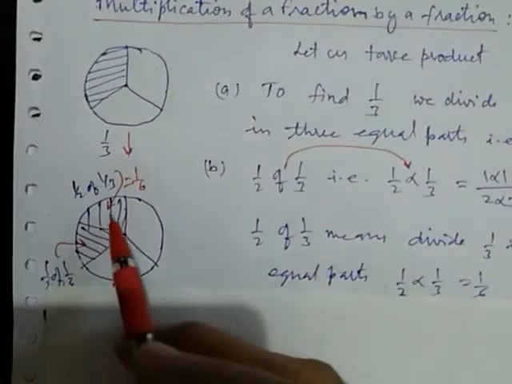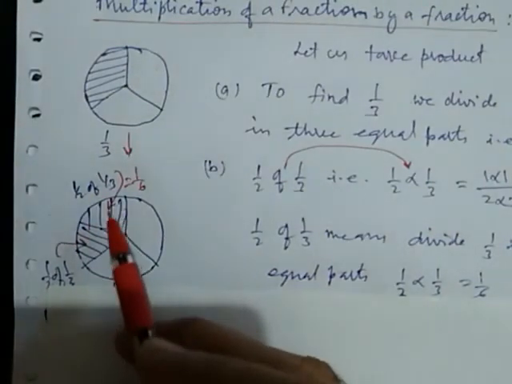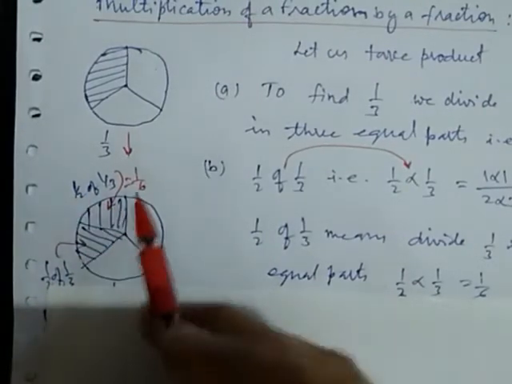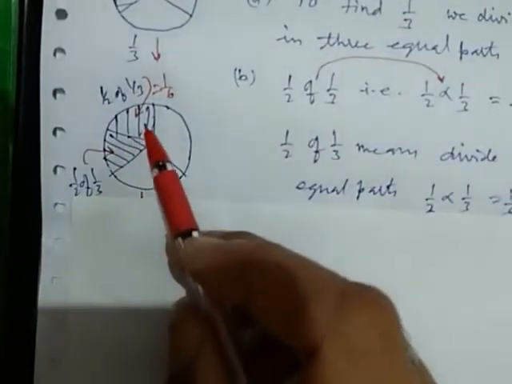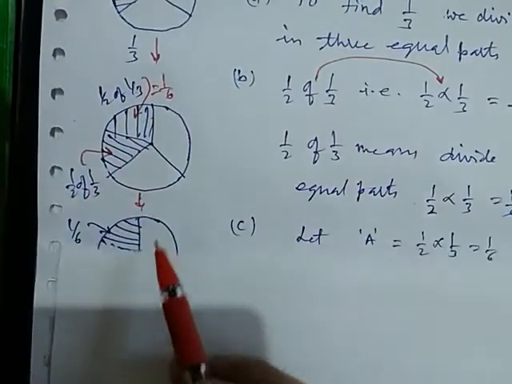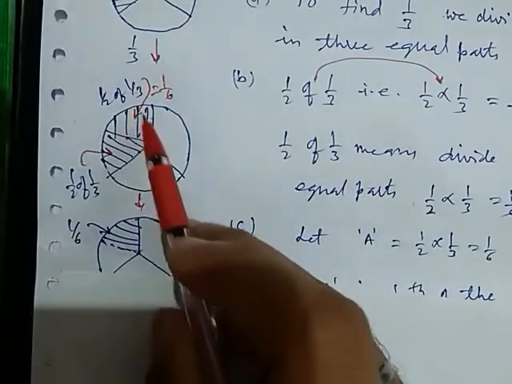So here half of 1/3 means half part of 1/3, and half part of 1/3 is also 1 by 6. So both the parts are 1 by 6. It means the single part is how much?